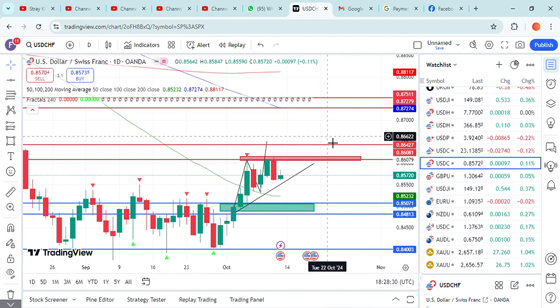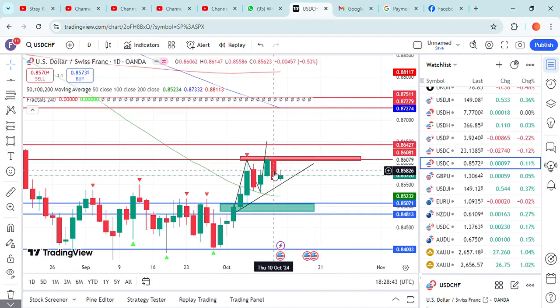Now this week we also have the opportunity to say that the market almost tried to break this particular level in the previous week, but it could not. So in the upcoming week, this level of 0.86063 is again going to be a very beneficial zone for us.